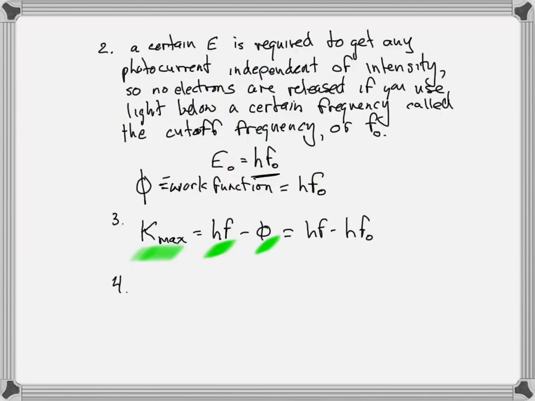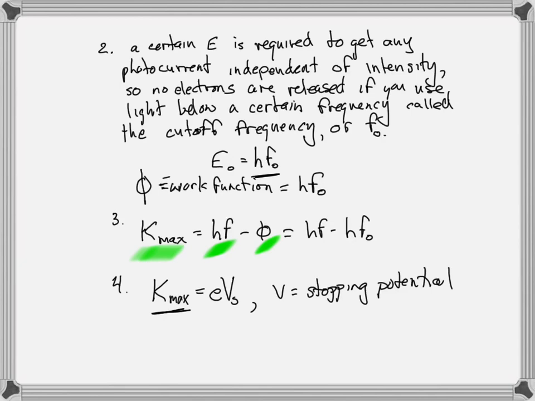And that stopping potential, therefore, we can do the experiment to show that once we stop it, eVs, where e is the charge of an electron, Vs is the potential. Turn up the voltage enough, we get no photocurrent, and we know, therefore, we have now measured the kinetic energy of those electrons coming off of the metal.